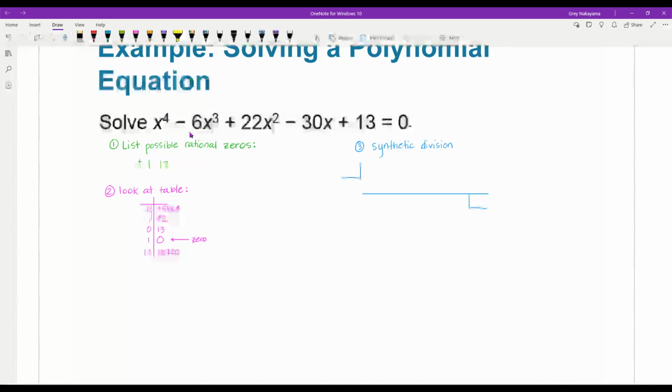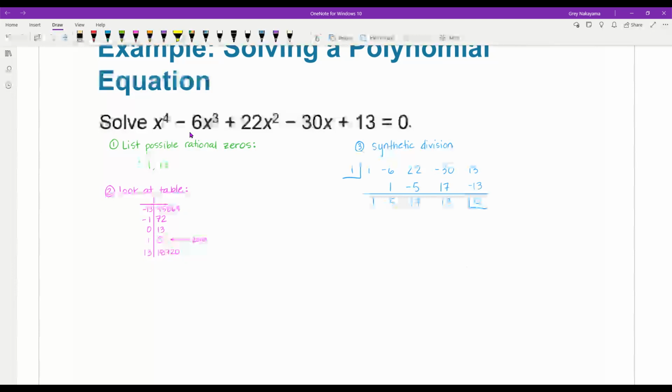So now I'm going to go to my synthetic division. I'm going to list my coefficients: 1, negative 6, 22, negative 30, and 13. I'm going to divide by 1, and I know I'm going to get a 0 when I finish dividing. So I carry down my 1, then I multiply and add, multiply, add, multiply, add, multiply, and add.